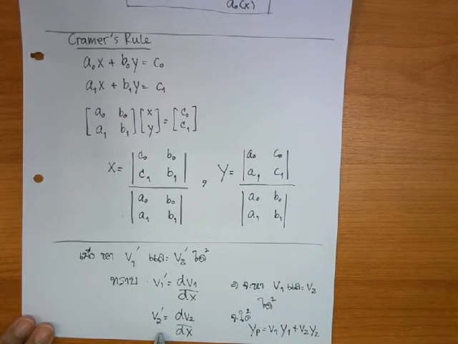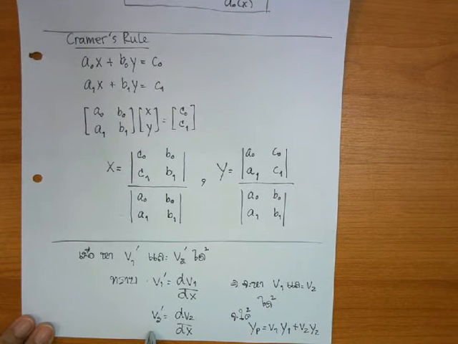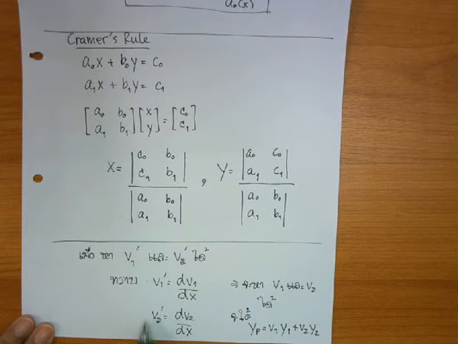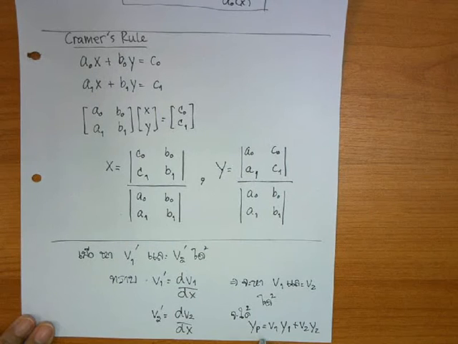The first derivative of v2 is equal to dv2 by dx. If you want to find v2, you just integrate the first derivative of v2 with respect to x. When you know v1 and v2, you just plug v1 and v2 back into your assumption of yp. Then you get the answer.